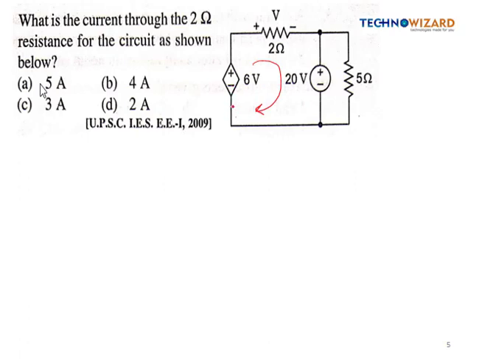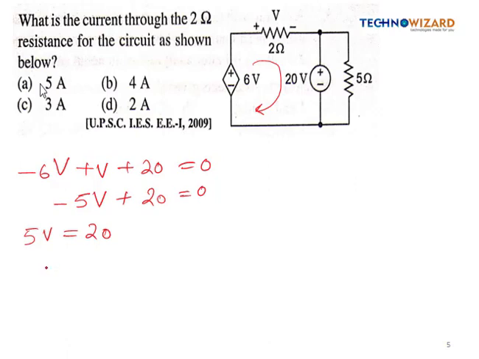We'll start from here, so it will be simply minus 6V, then plus V plus 20 is equal to 0, so it will be minus 5V plus 20 is equal to 0. So 5V is equal to 20, so V value is coming as 4 volt.